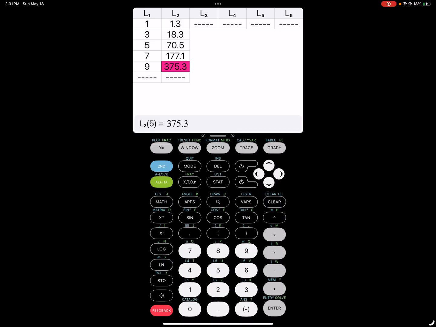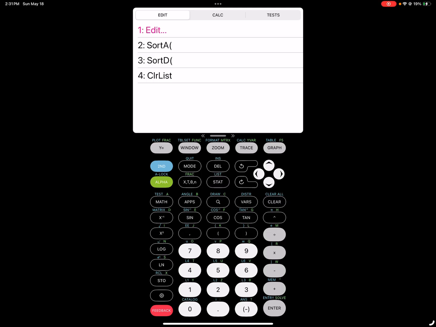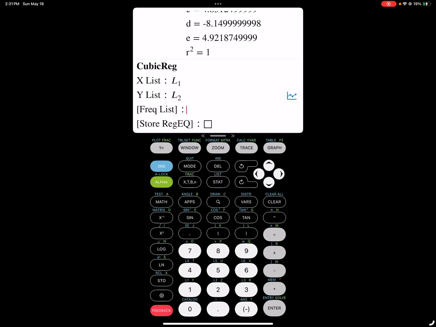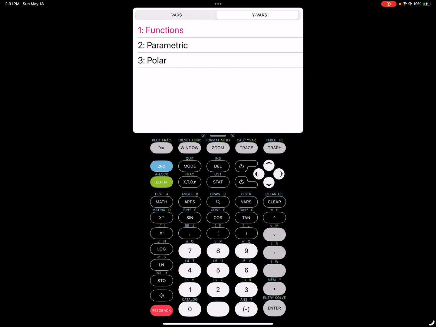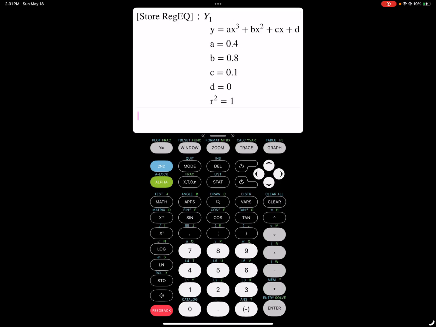Dyslexic moment. That's funny because I looked at it and saw it backwards again. That's super fun. Stat, calc, 6, store, Y bars.